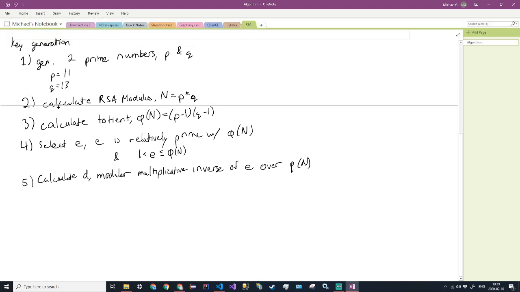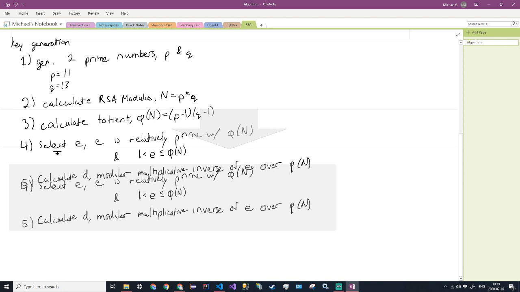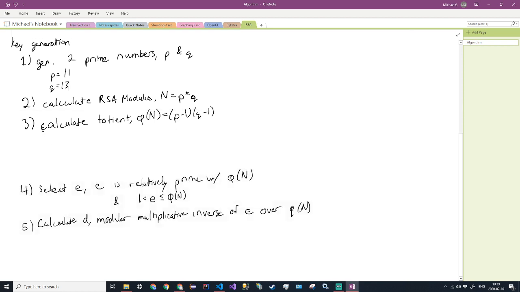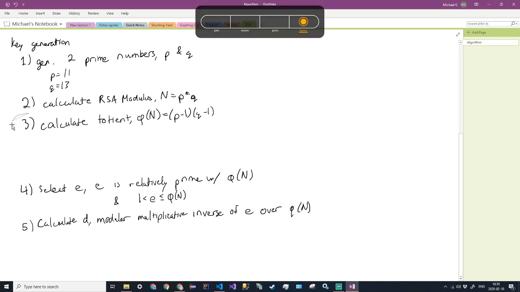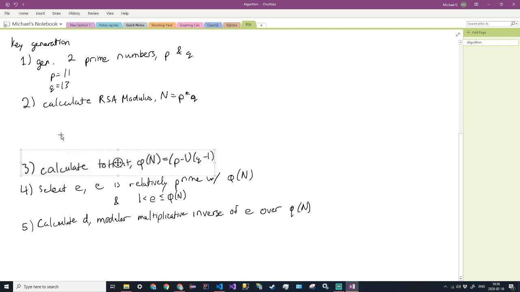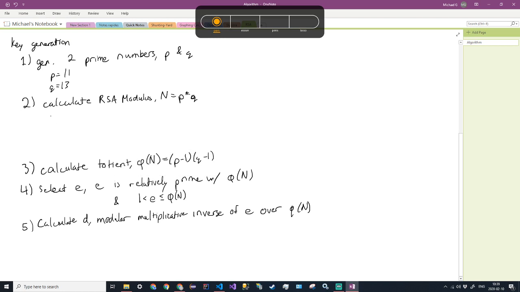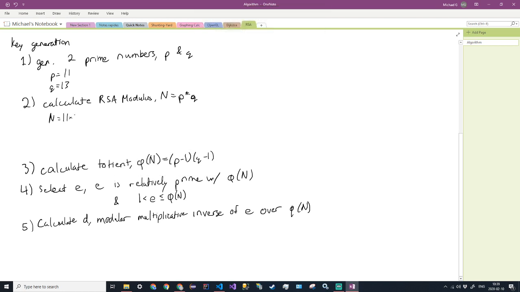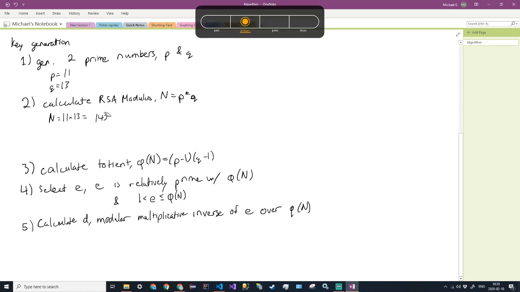Next thing we want to do is calculate the RSA modulus. Let me just select this. I'm writing slanted for some reason, so that's why I wasn't able to select it. Okay, so N is equal to 11 times 13, which is equal to 143.